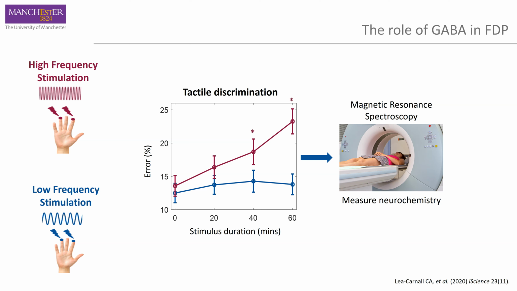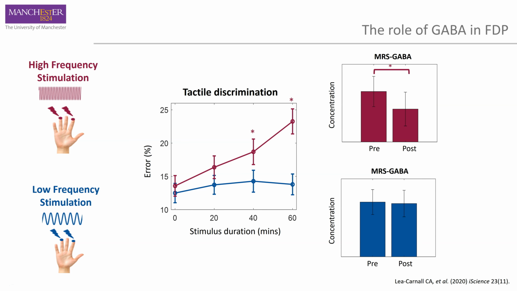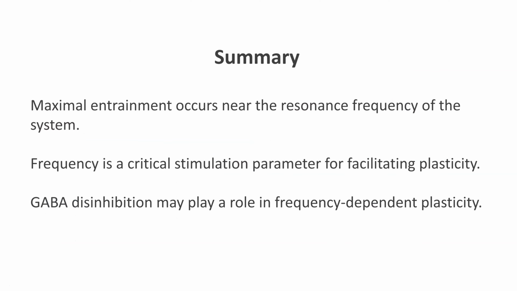And that's because we wanted to test this hypothesis that inhibition must reduce in order to facilitate plastic change. And we found that using the high frequency stimulation, we lowered levels of inhibition in the somatosensory cortex. And this was not the case for the low frequency condition. And this work shows the critical importance of GABA disinhibition in modulating plastic change.